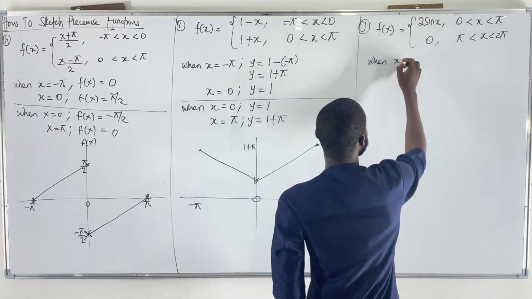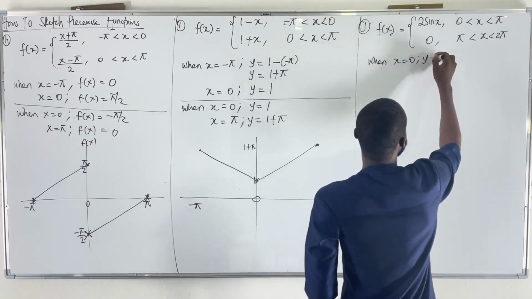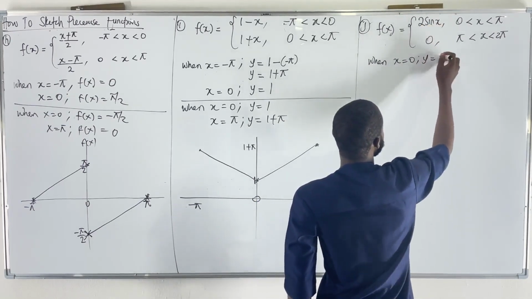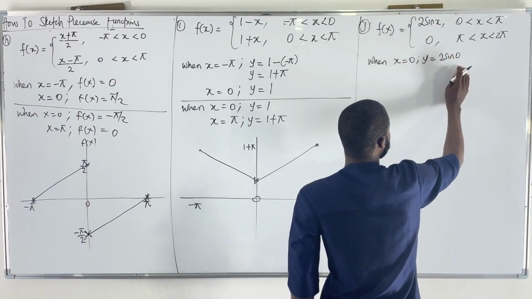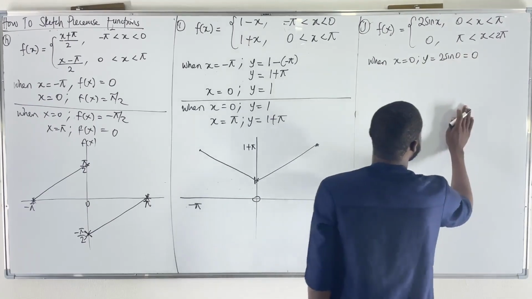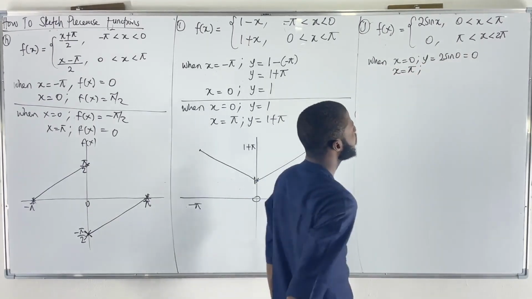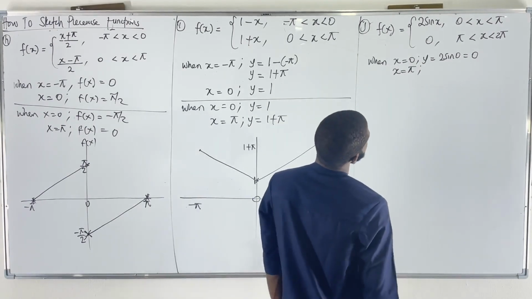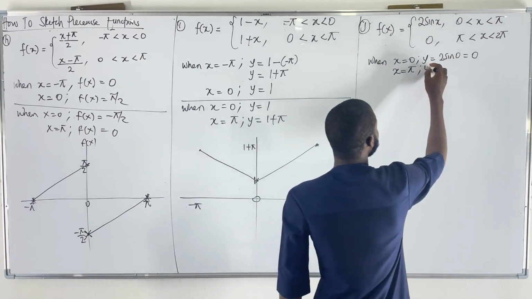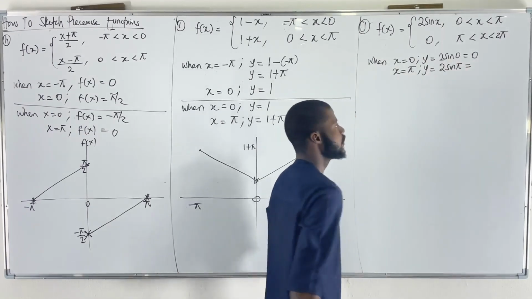So when x is equal to 0, I still want to do the same principle here so you understand. y would then become, we have 2 sine x, right? So this will be 2 sine 0, and sine 0 is 0. So when you multiply that by 2, that's still 0. The next one, when x is pi, y will then become 2 sine pi.